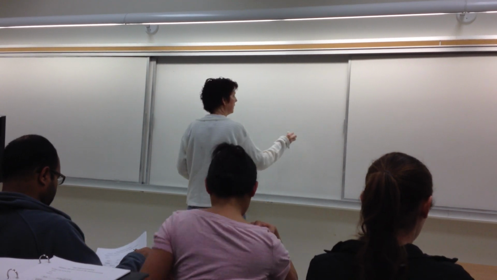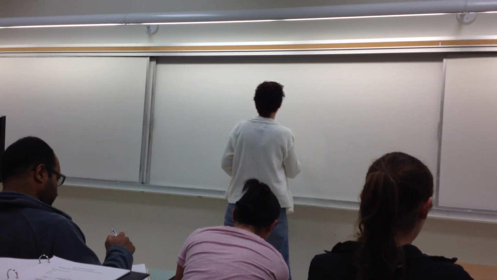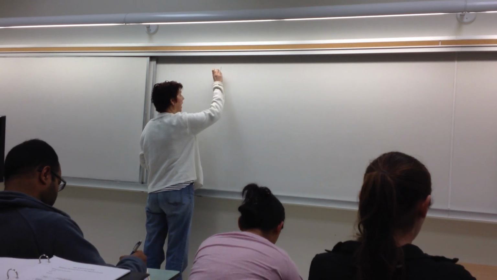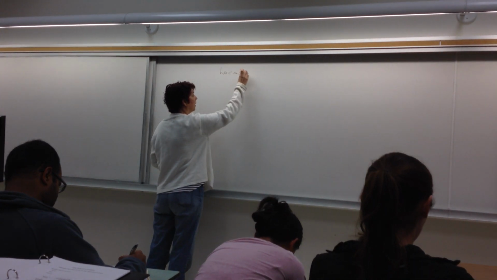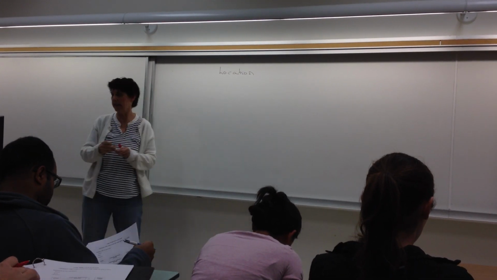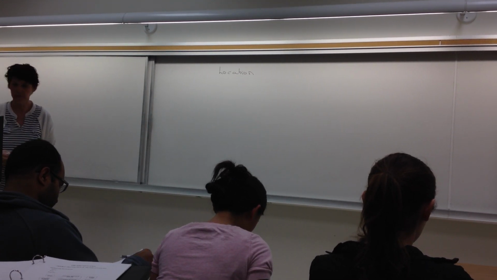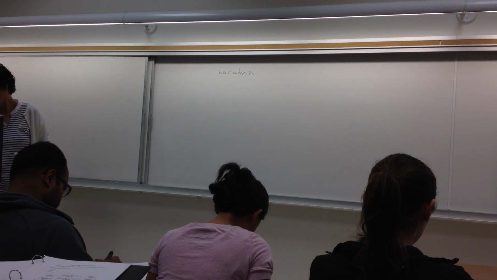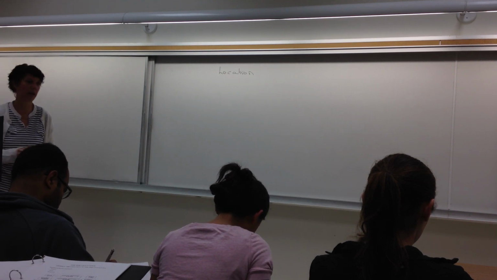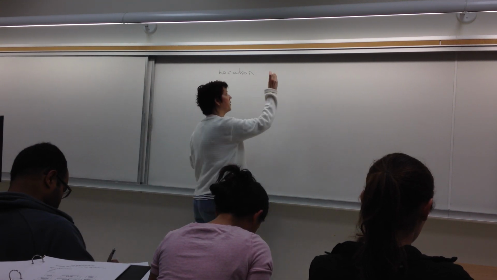So when we talk about its organization by location, we use the terms central nervous system and peripheral nervous system. There are some diagrams to illustrate this in the lecture notes.